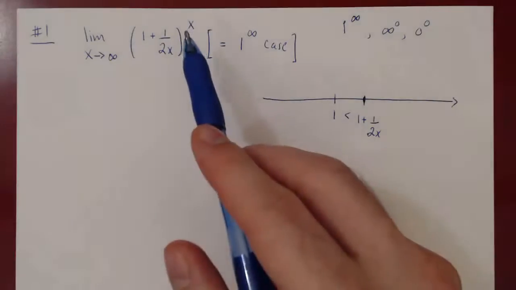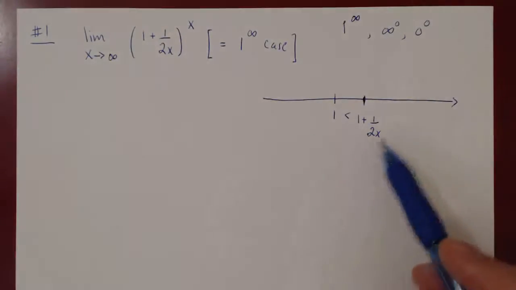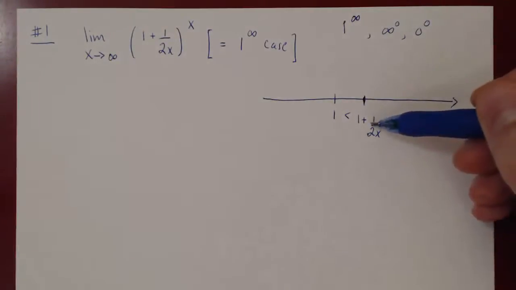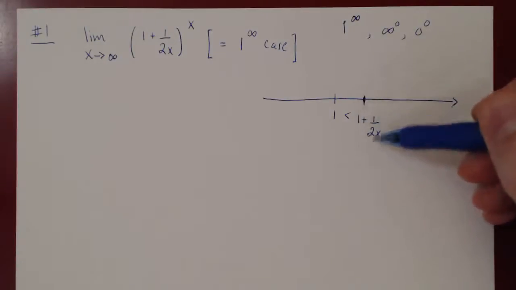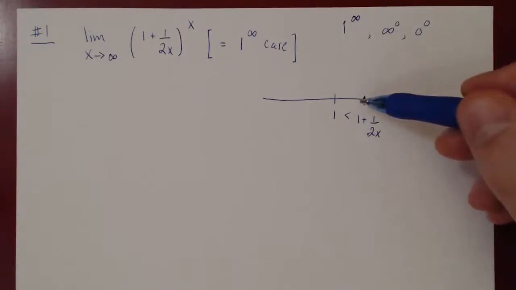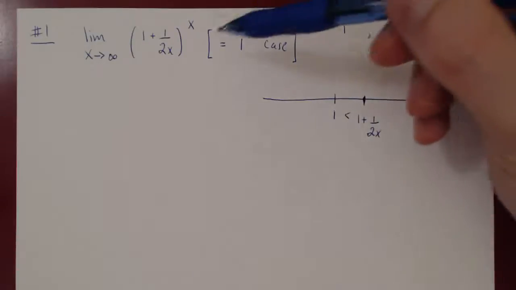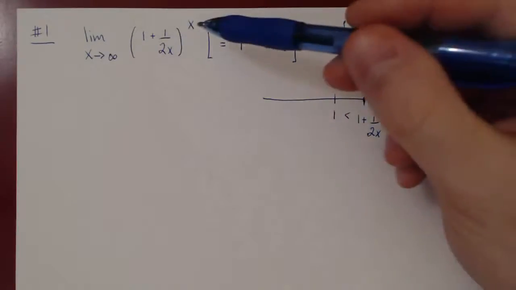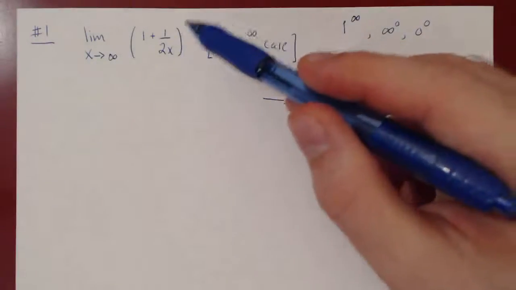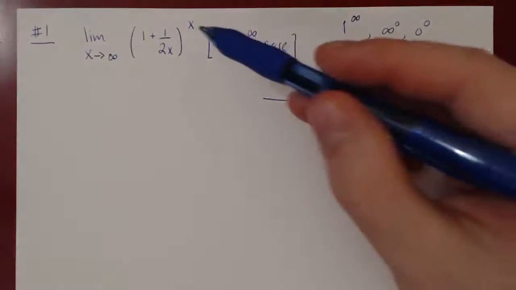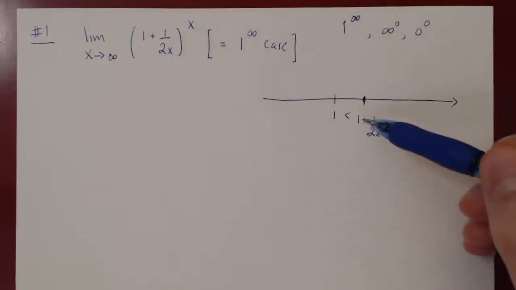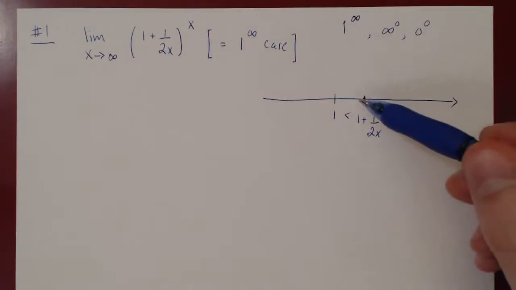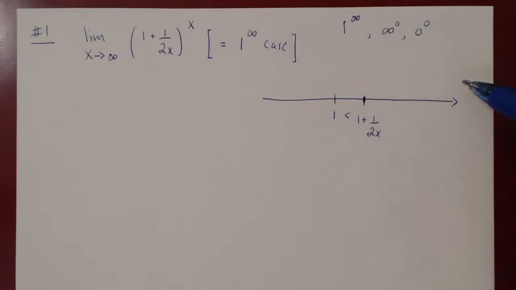Now think of what you have. You have the exponent of this term. So for any x, 1 plus 1 over 2x is a positive number that is bigger than 1. And now you take the power of this number to be x, but the power gets bigger and bigger and bigger. And so a large power of something bigger than 1 will naturally be getting bigger. So you have here two opposing forces.